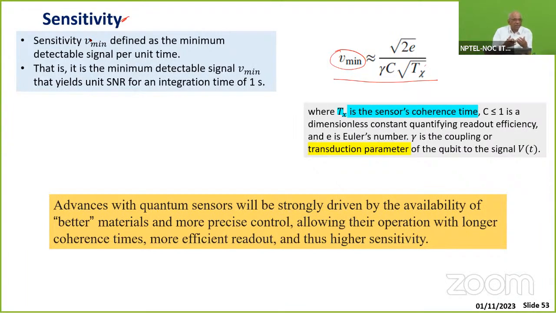A good sensor should have high sensitivity. Even though we use the word high, what that means is it measures the lowest possible signal. So the quantum sensors will definitely be made possible because of better materials, precise control, long coherence times, efficient readout, and thus higher sensitivity.